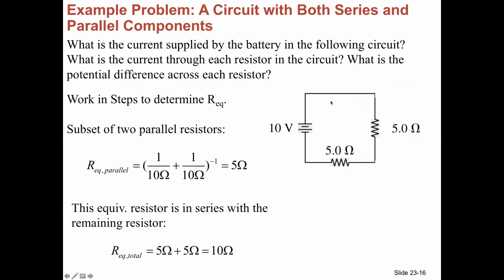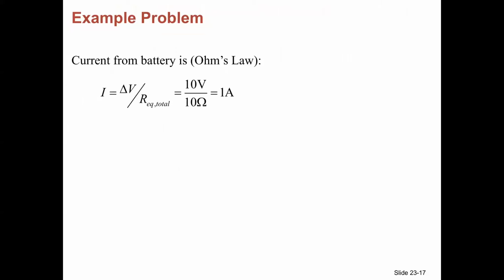The idea is that this equivalent resistor of 10 ohms will cause the same current to flow from the battery as that original situation with the 3 resistors. So we can find the total current coming from the battery using that equivalent resistor. That total current is 1 amp, 10 volts divided by 10 ohms.